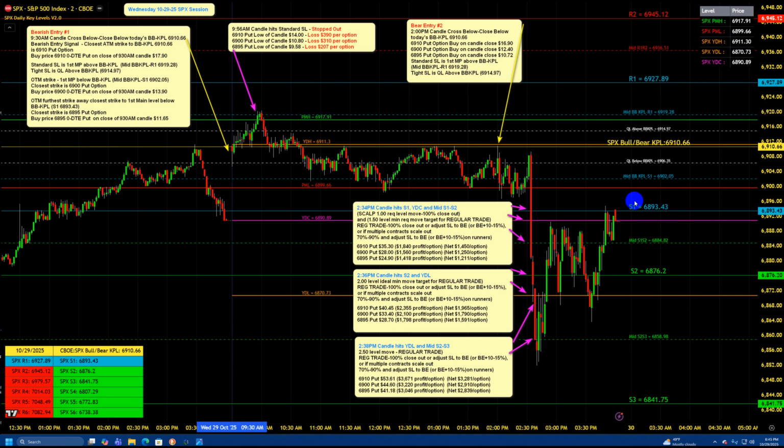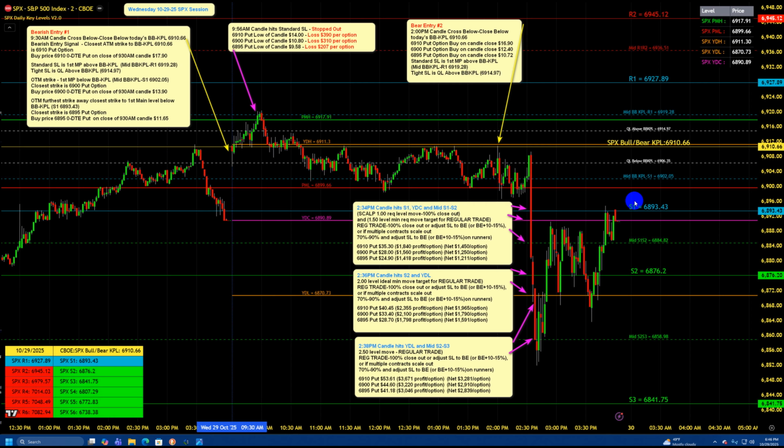And that would be the symbol that we have it on currently. That symbol is what you would have it on if you are trading SPX index options, such as is the main strategy with this indicator and the strategy that we'll be going over today.